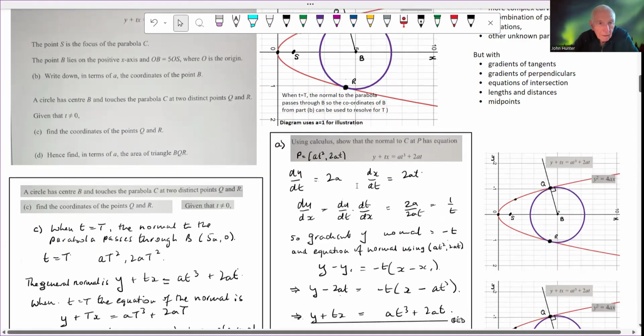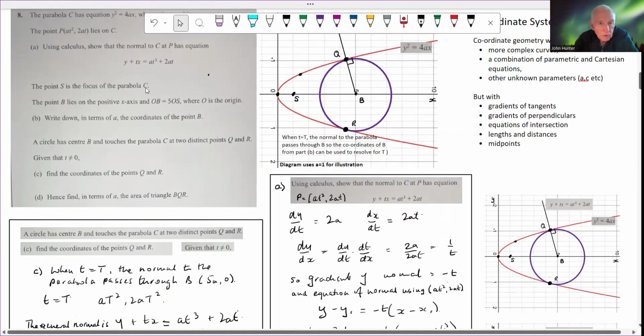It goes on to say the point S is the focus of the parabola C. B lies on the positive x-axis and OB equals 5OS, where O is the origin.